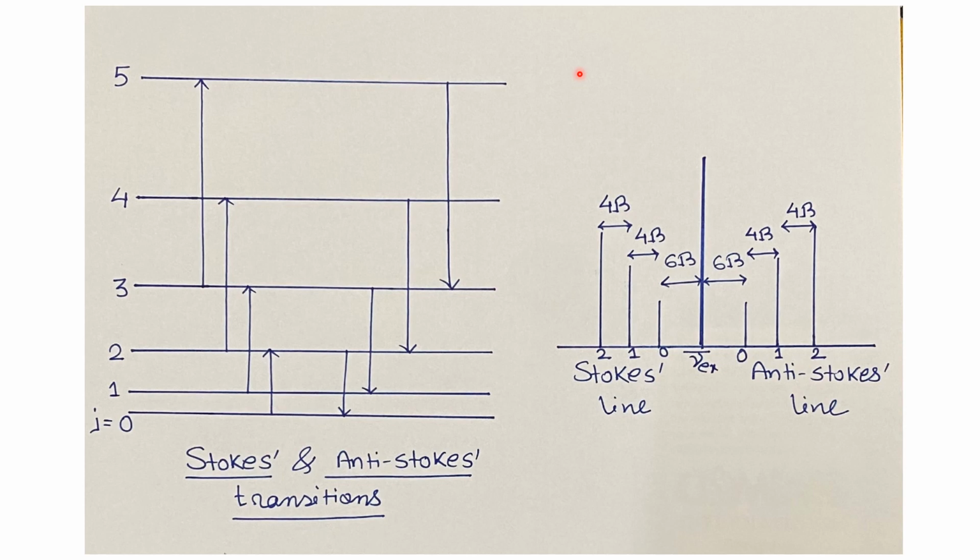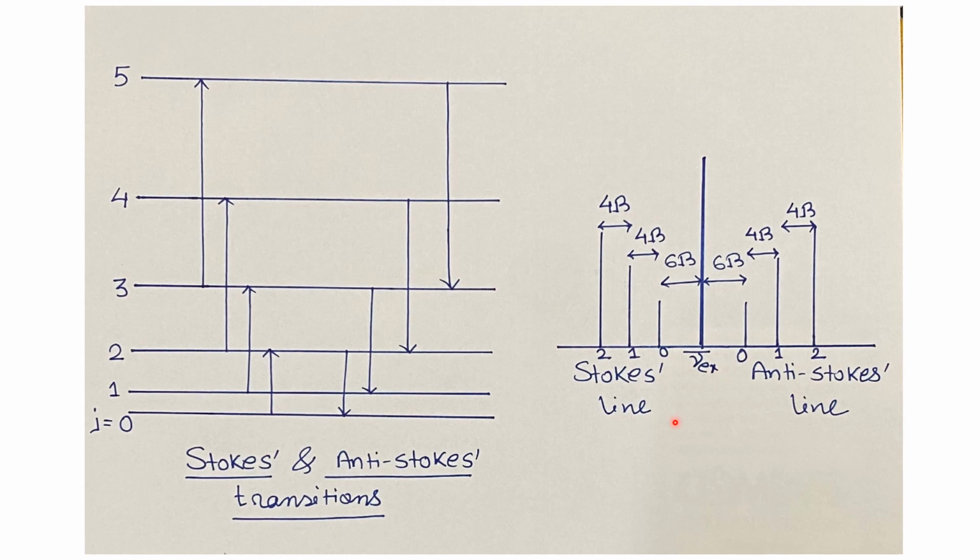And if we consider the spectrum from these transitions, then we will have the central line which has the same energy as the incident photon, that is nu Ex bar. The first transition, corresponding to J equals 0, will have a separation of 6B from the central line on both sides.